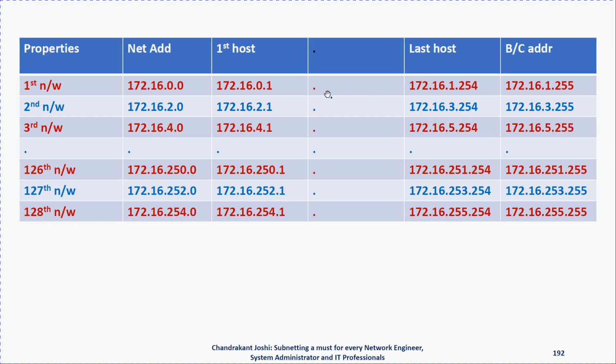Otherwise one of them would be the broadcast, another would be the network. So this is the case where we see that 255 is not a broadcast and 1.0 is also not a network. Rather these two are valid IPv4 addresses.